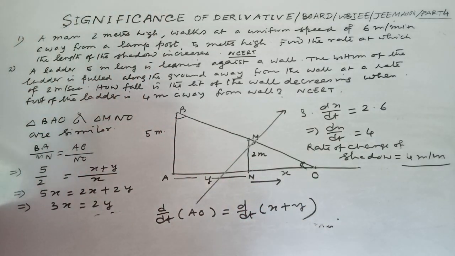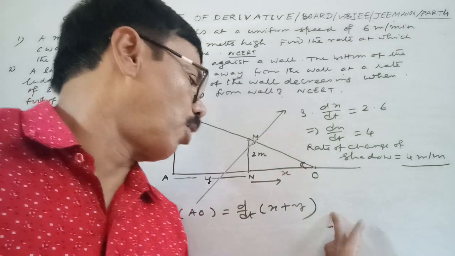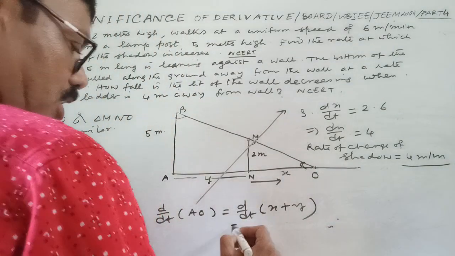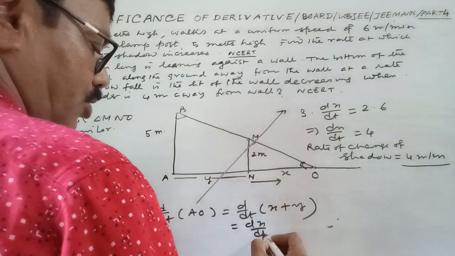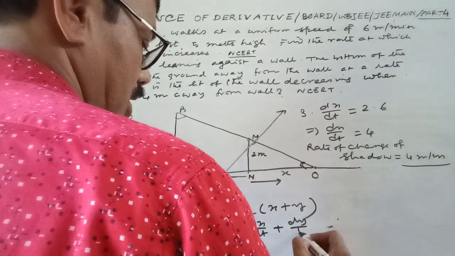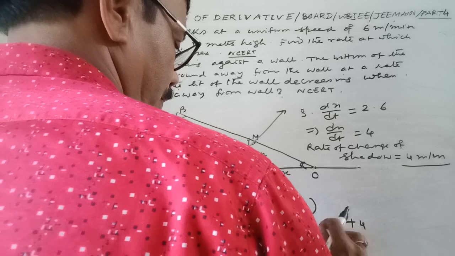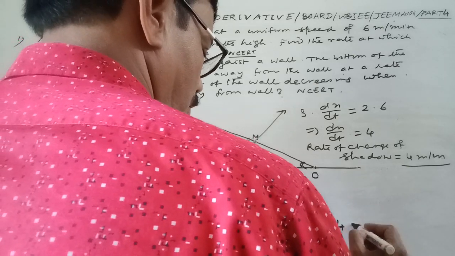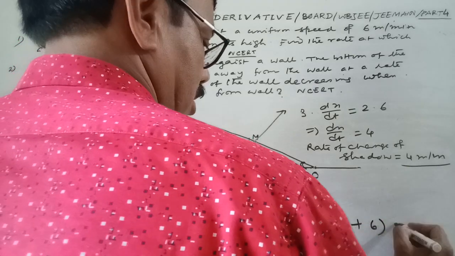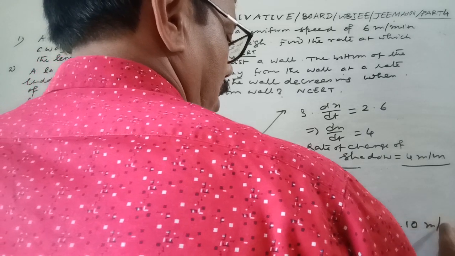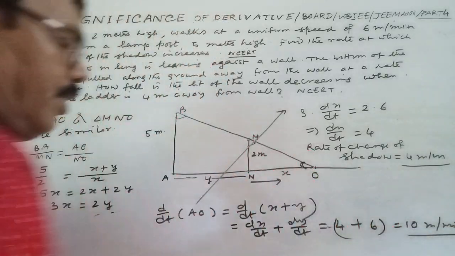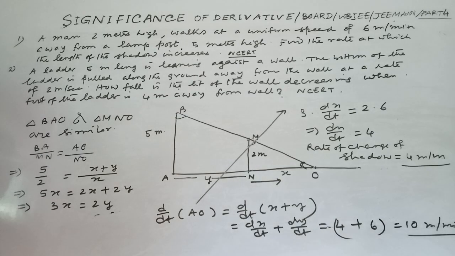So d by dt of the tip of the shadow is dx by dt plus dy by dt. So dx by dt is 4 and dy by dt is 6. So 10 meters per minute.